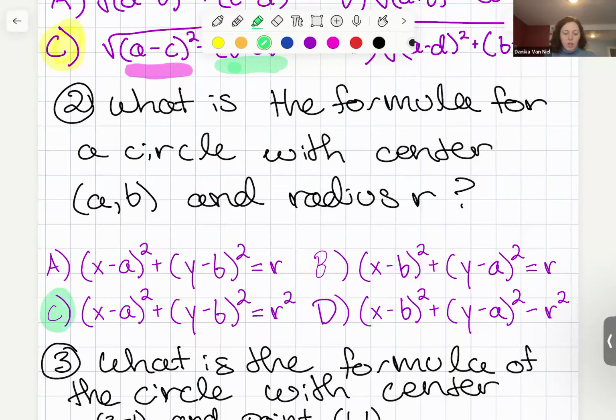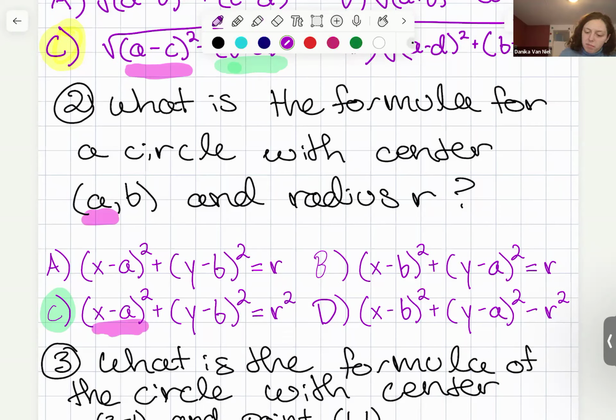So once again, we want to compare apples with apples and oranges with oranges. Wait, is this really different from... no, it's not. So I'm putting X with A because A is in the X part of my point.